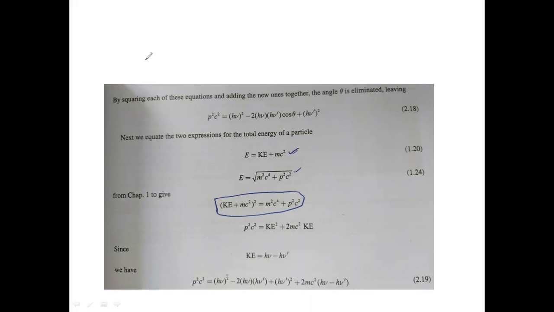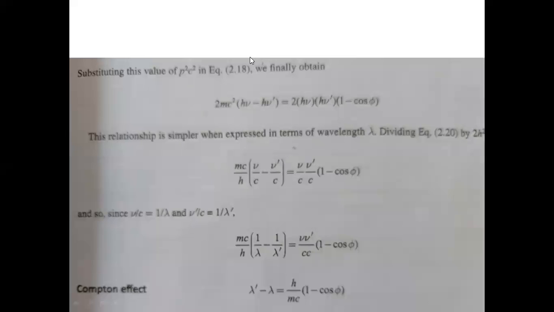After putting the value, we get this equation. Now to just clear it out, and to explain everything in the wavelength term, we will divide this equation by 2h square c square.